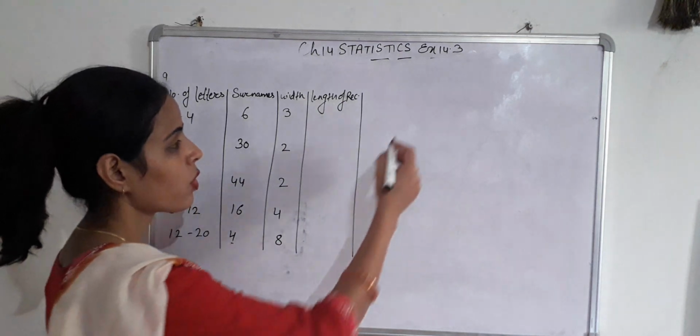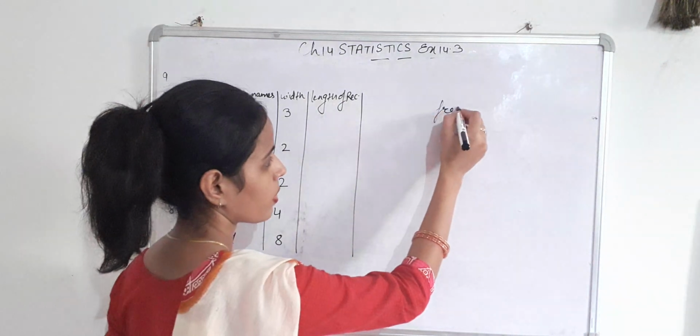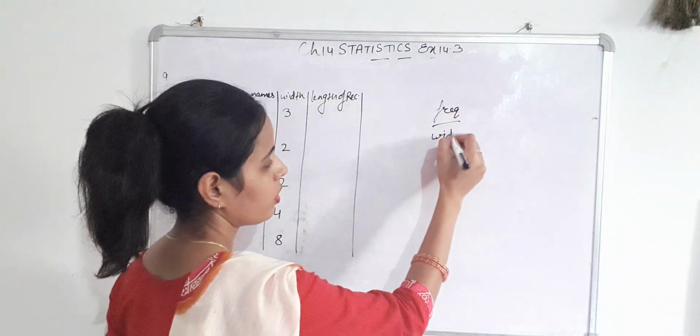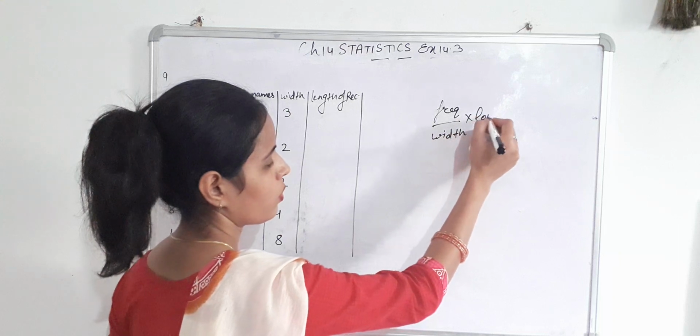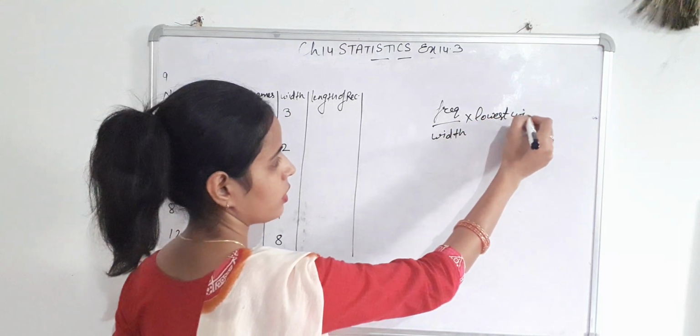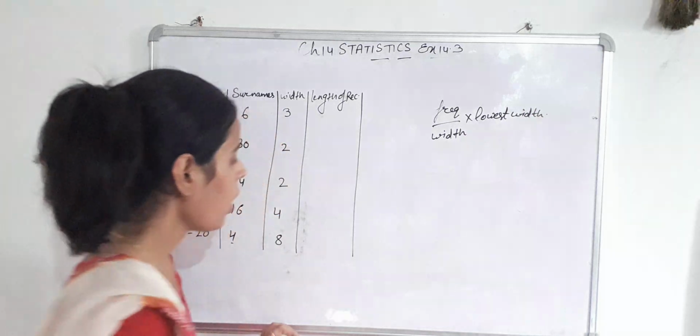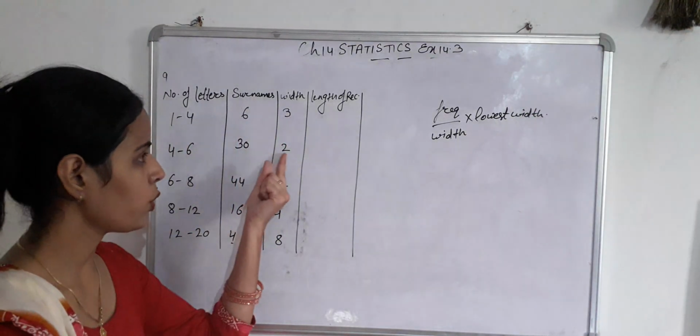Length of the rectangle or bar equals frequency upon width into lowest width. Here the lowest width is 2.